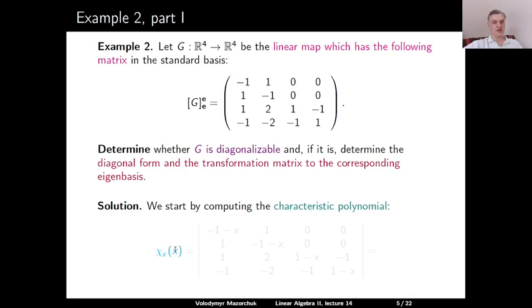So chi G of x is equal to, so we take the matrix of G in the standard basis, subtract x on the main diagonal, and compute the determinant. Again, we see that this is a lower block triangular matrix, so this determinant is a product of the determinants of the two 2 times 2 diagonal blocks.